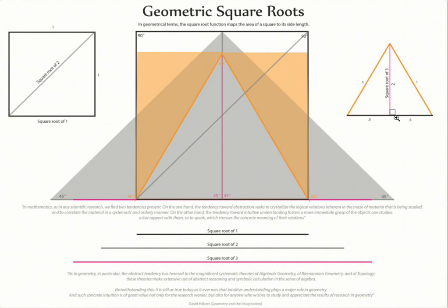This height here of the right angled triangle is half of the height of the base of the equilateral triangle. And again, we can quickly show geometrically the relationship of the square root of 1 to the square root of 2 to the square root of 3 within geometries.